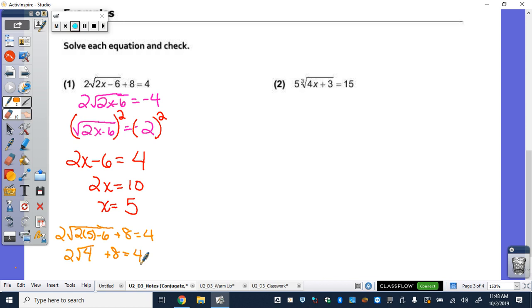So what is the square root of 4? And then times the 2 that was already there. And then plus the 8 gives me a 12. 12 doesn't equal 4. It doesn't check out. So this one has no solution.